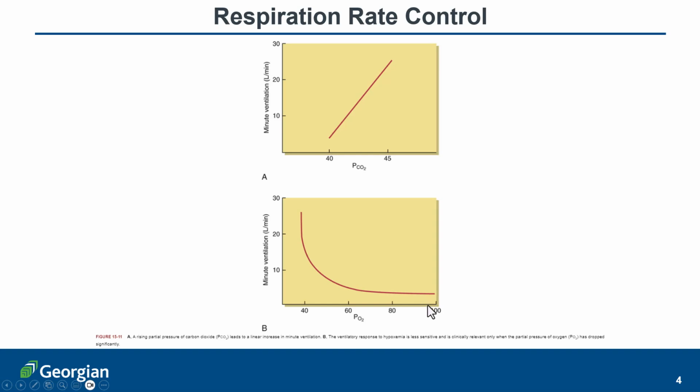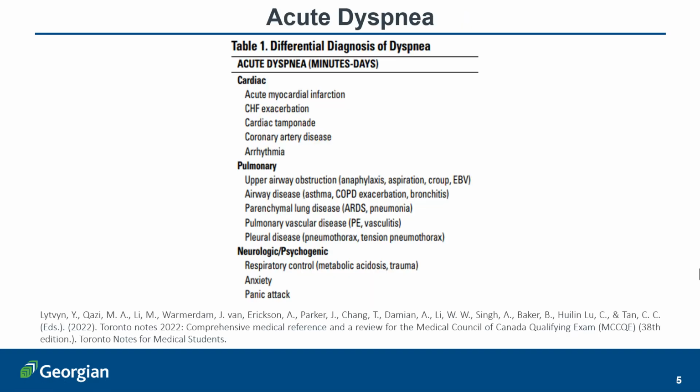Remember, normal PO2 is 95 to 100. When PO2 drops below 60, that's when breathing rate and depth increase. Under normal conditions, breathing rate and depth are all determined by CO2. It's the main driver of respiration.